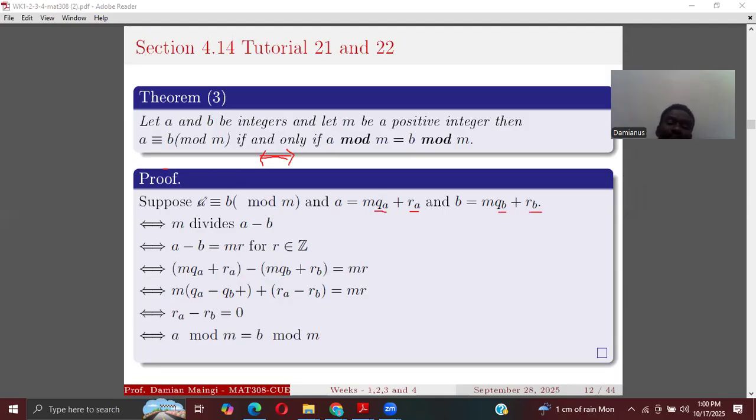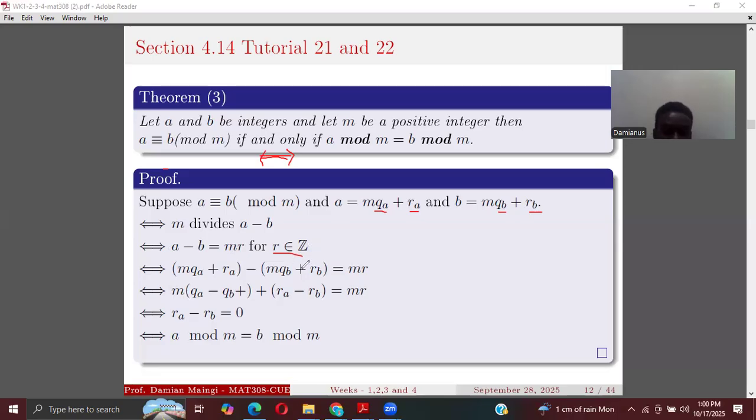So what does this imply? That m divides a minus b, which just implies that there exists some integer r such that a minus b equals m times r. And now you write a and b in terms of these two expressions. So you'll have a, which is m qa plus ra, minus b, which is m qb plus rb, and this equals m r.